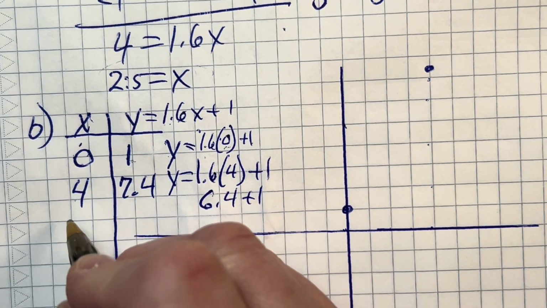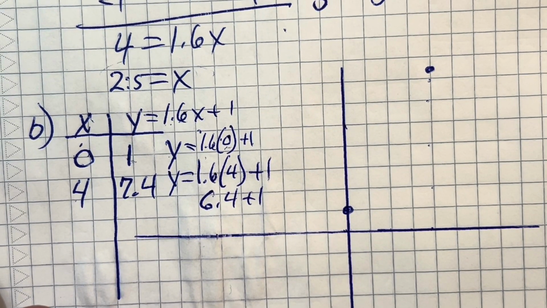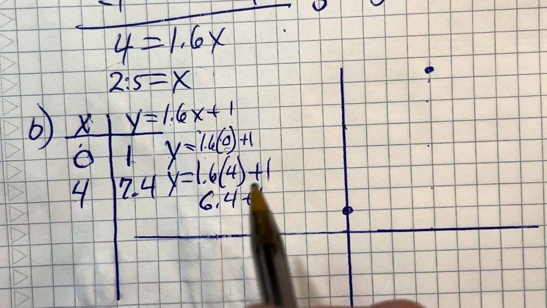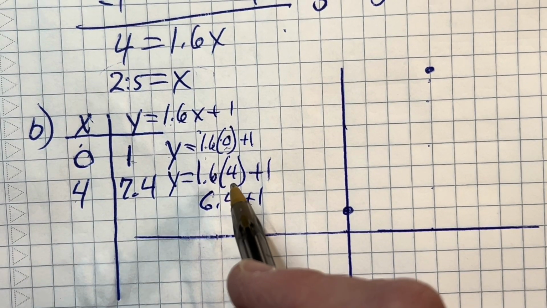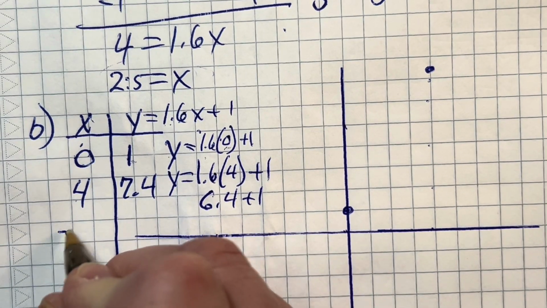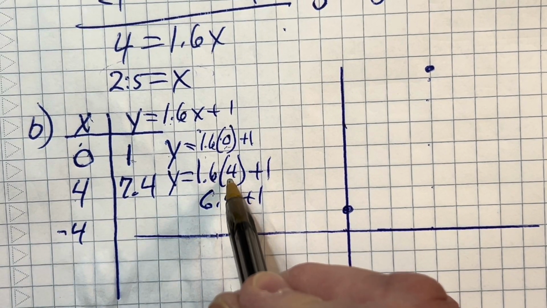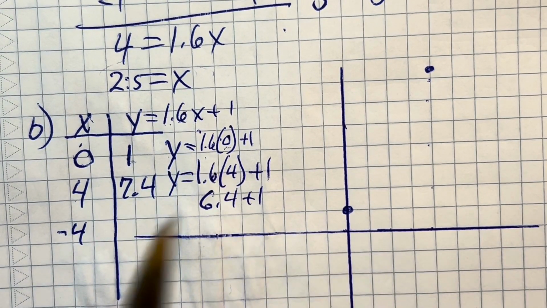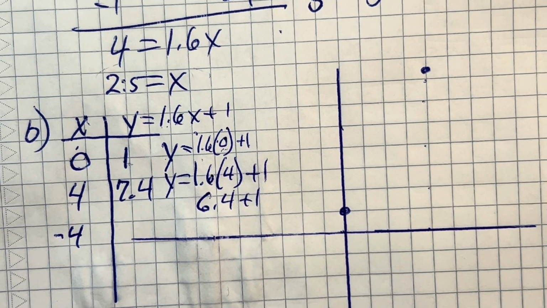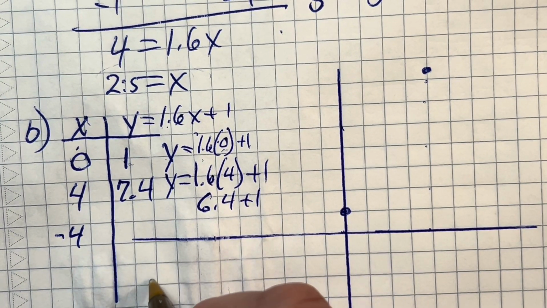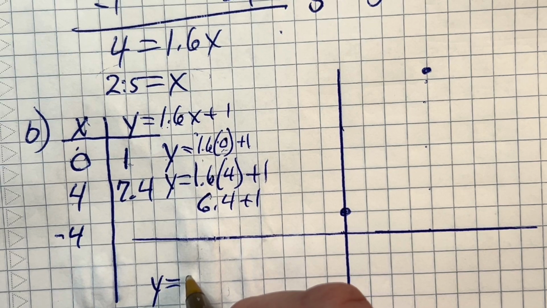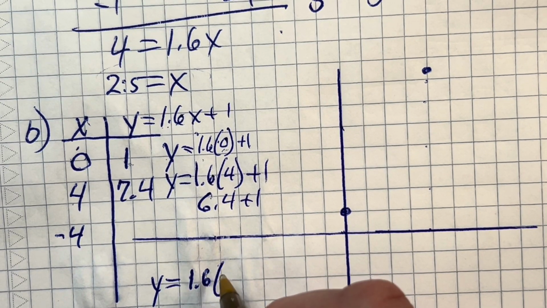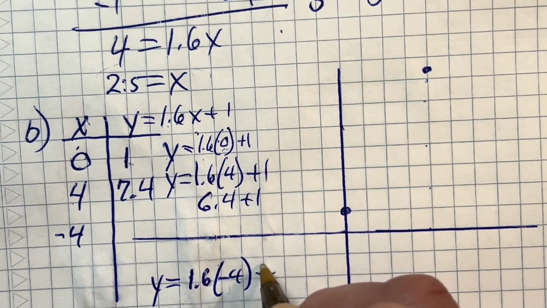However, to check yourself, make sure you always put 3 points in there. Let's choose a negative value. Let's put negative 4 in this equation. y equals 1.6 times negative 4 plus 1.